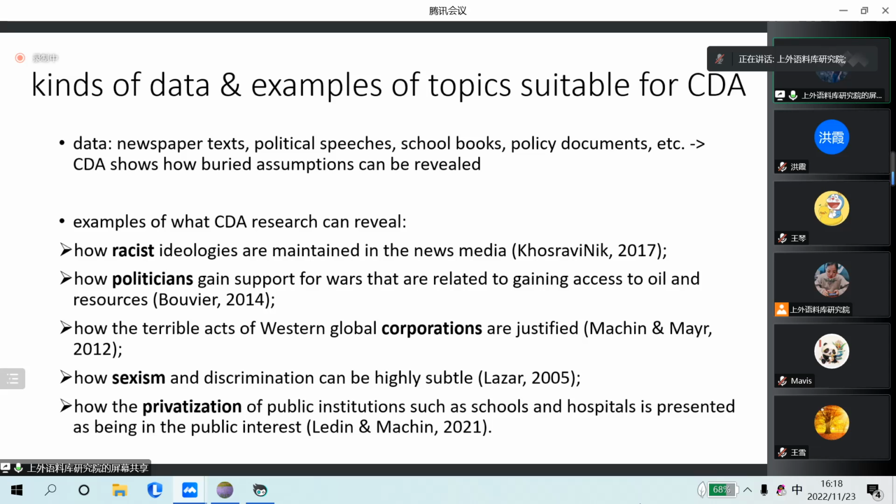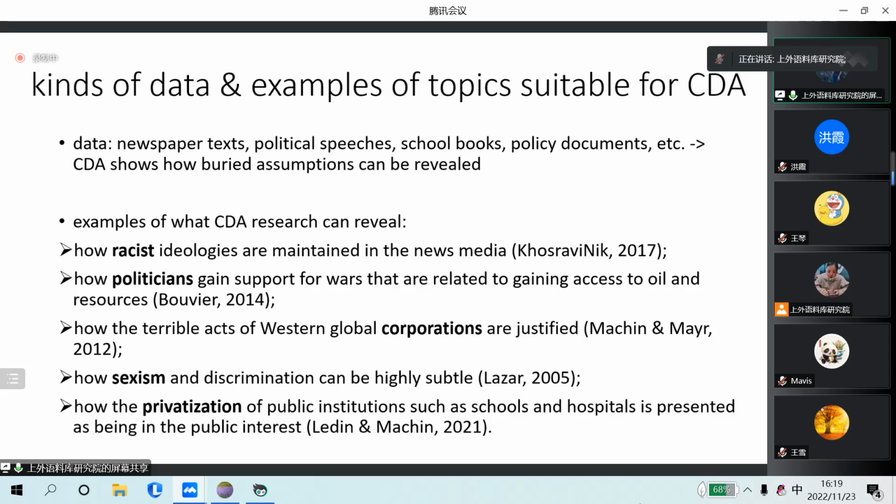Here are some examples of topics that CDA has tackled, but there are so many. So, how racist ideologies are maintained in news media, and how politicians gain support for wars that are actually related to gaining access to natural resources. This piece of mine was about Libya, which was hailed as a people's uprising.